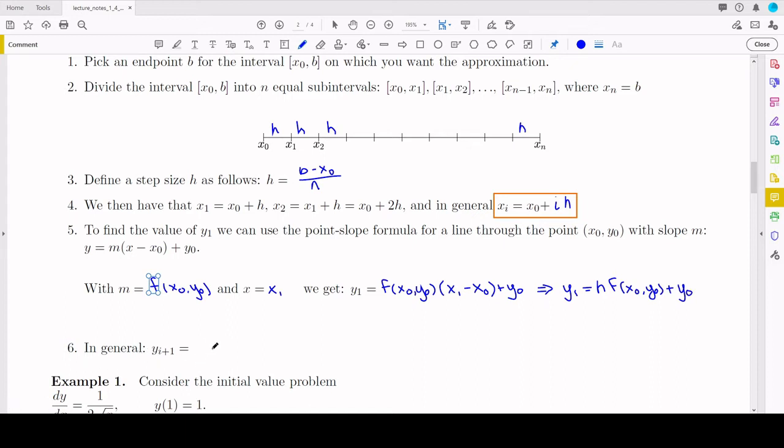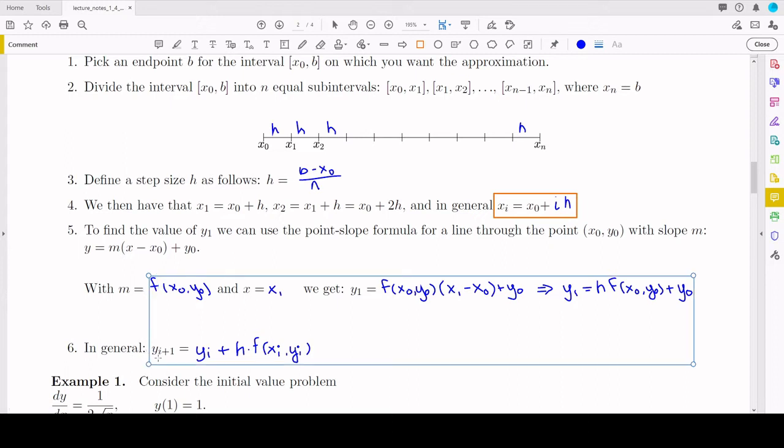So in general, we can show the following, that y sub i plus 1 is equal to y sub i plus h times f of x sub i comma y sub i. And that's the second part of Euler's formula.